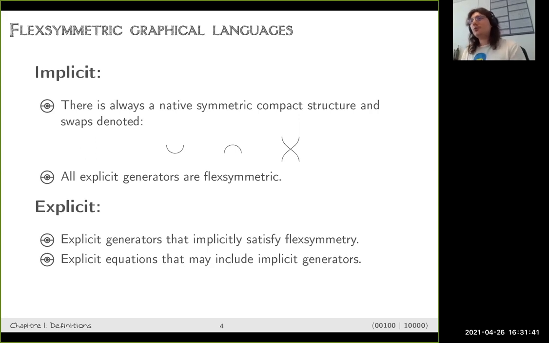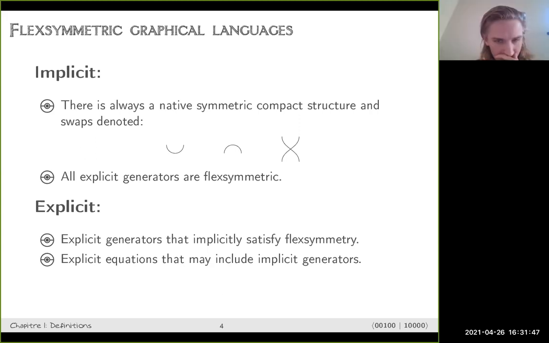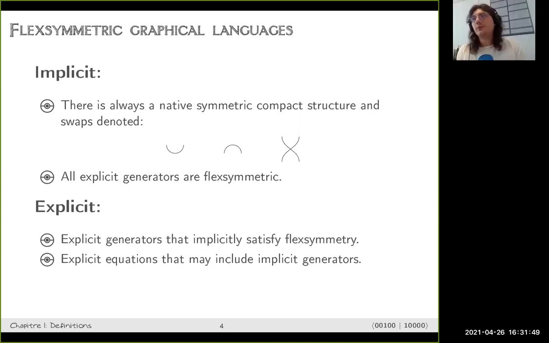So this gives you a notion of free flexsymmetric graphical language. In fact, you can even show that you have a monad over a signature of props, a monadic adjunction that allows you to talk about the free flexsymmetric graphical language.